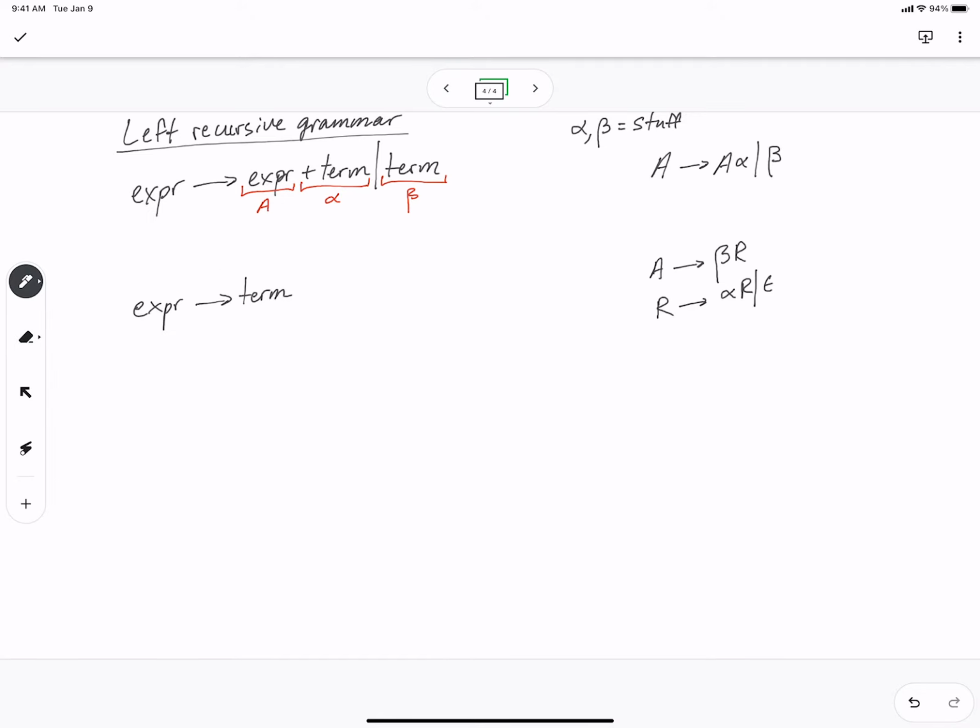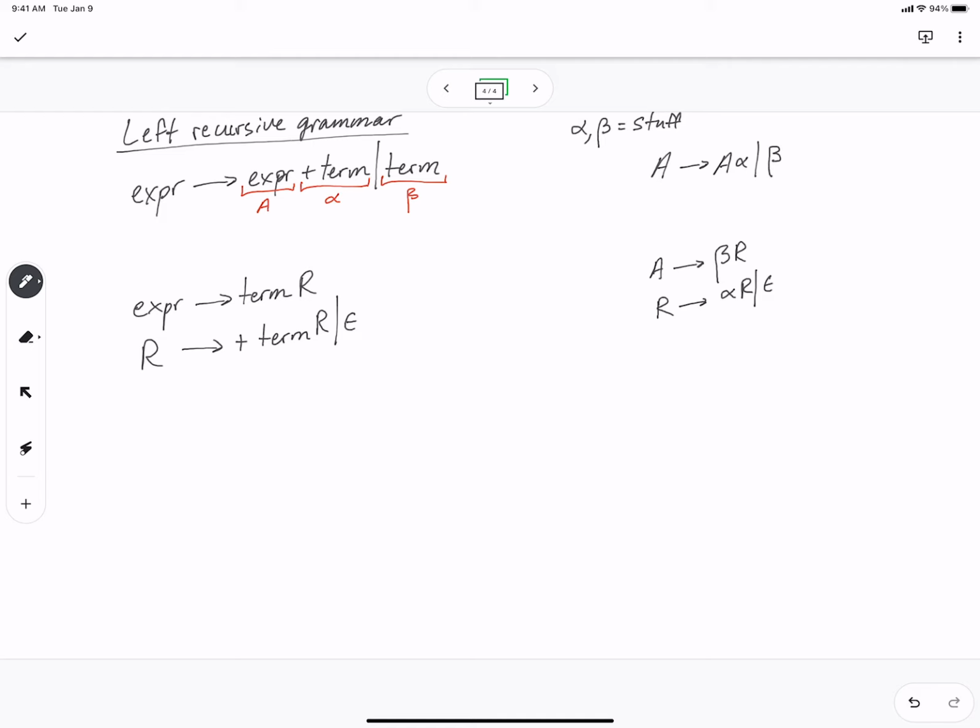We take beta, which is term, followed by R, and R can take the form of alpha, which is plus term, followed by R, or epsilon. So one thing to note here also is that this production rule is right recursive. Right? We have that symbol R, and it is also the last symbol in that production rule.